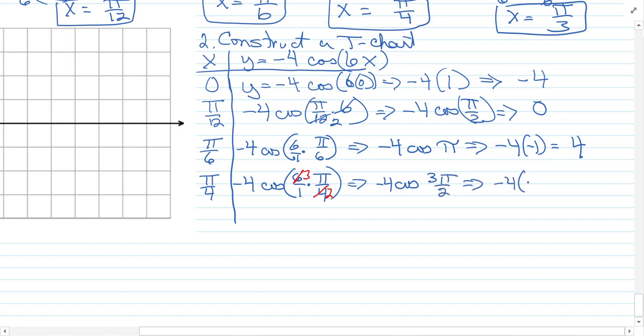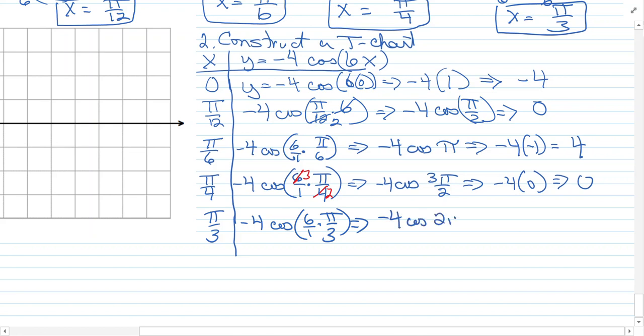So it's -4 times 0 is 0. And then finally, I'm at my last one, pi thirds. In pi thirds, I have -4 cosine of 6 times pi thirds, which gives me -4 cosine of 2 pi, which gives me -4 times 1, which gives me -4.